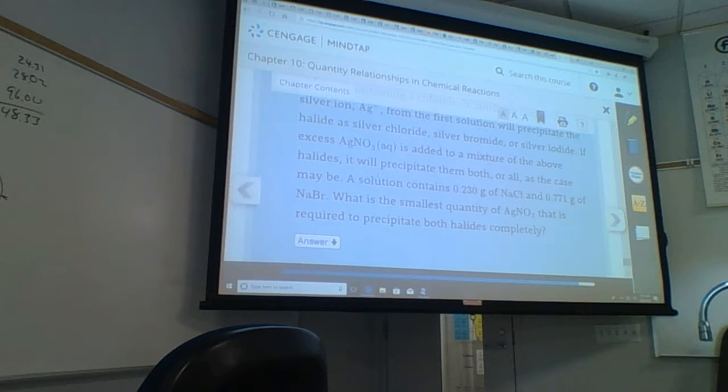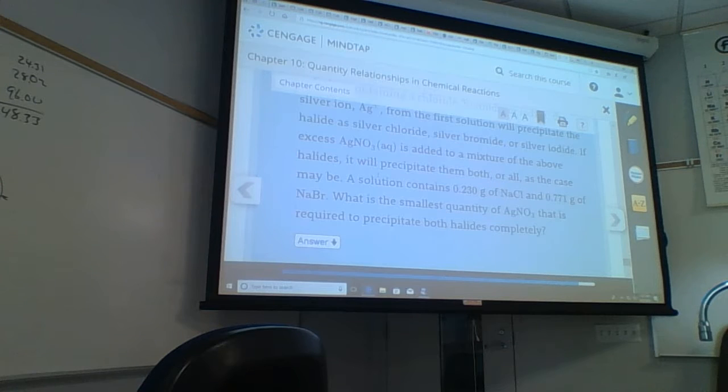Let's just focus on the sodium chloride. If we have 0.230 grams of sodium chloride, we'll go from grams of sodium chloride to moles of sodium chloride, moles of sodium chloride to moles of silver nitrate, moles of silver nitrate to grams of silver nitrate. This is how many grams of silver nitrate is required to precipitate out all the sodium chloride.